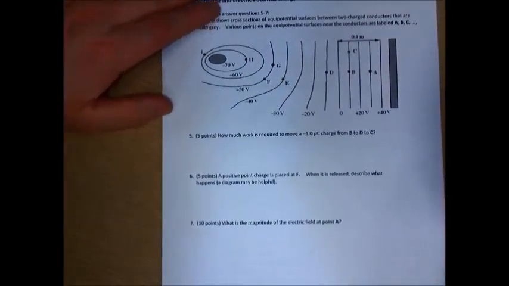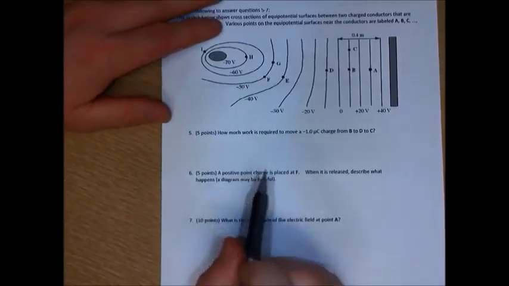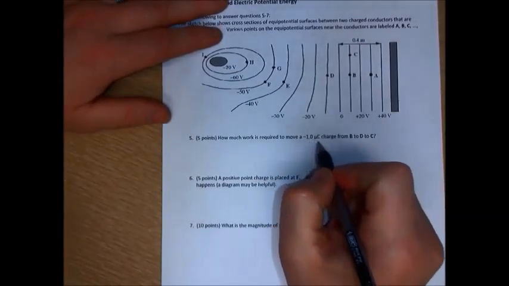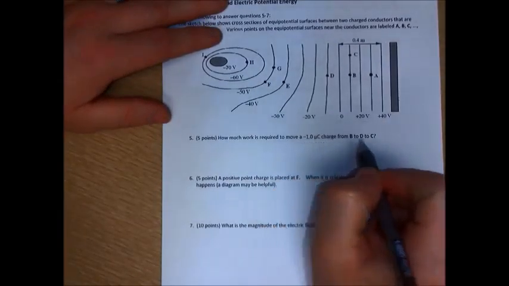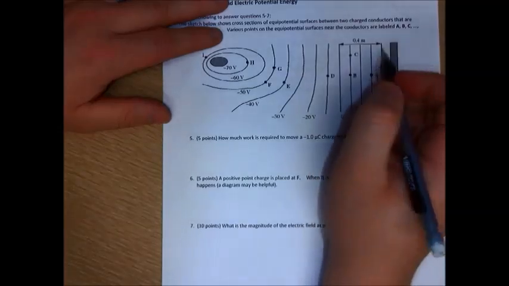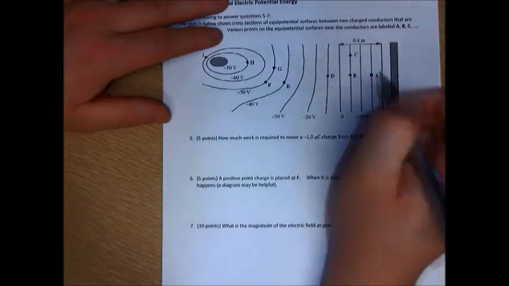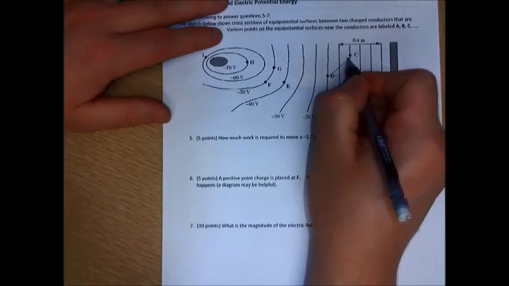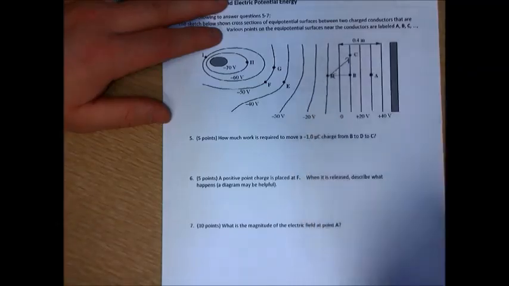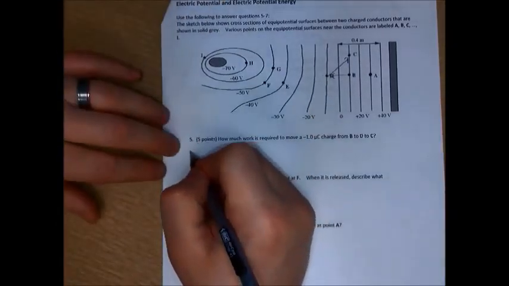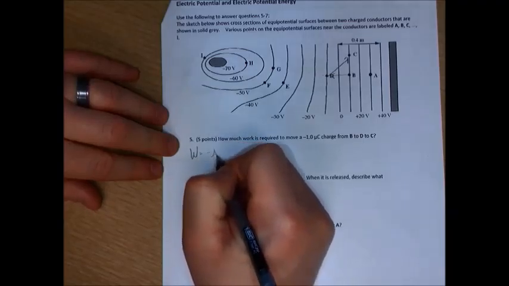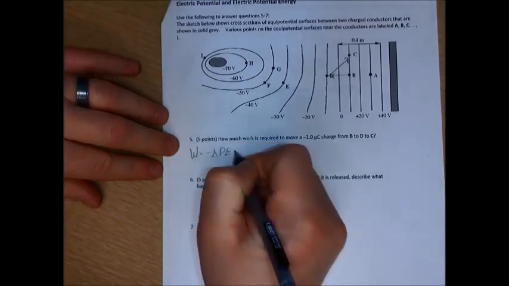Alright, so let's look at the equipotential lines here. How much work is required to move a negative 1 microcoulomb charge from B to C to D? So that's B to D to C. So first there and then there. Well, work is always equal to negative change in potential energy.